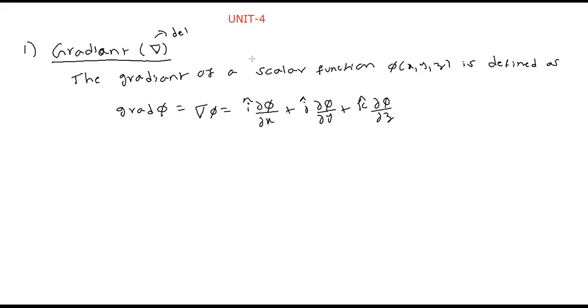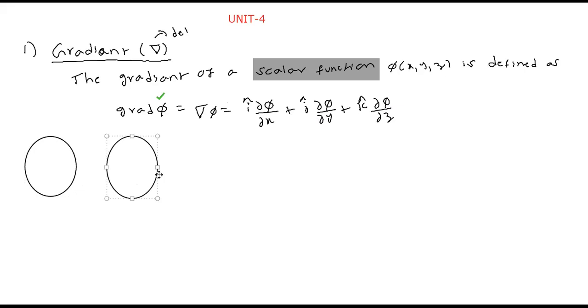What kind of function is it? It is a scalar function. Gradient is to be applied only on a scalar function, so the input is a scalar function. But what is the output? If you observe, the output is a vector function. So it is transforming a set of scalar functions to vector functions.